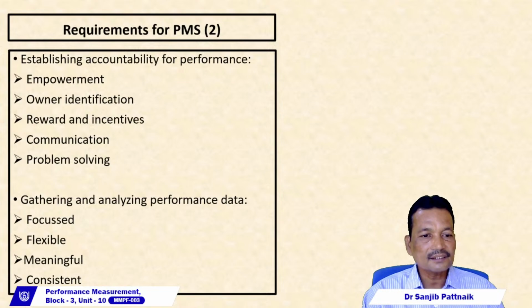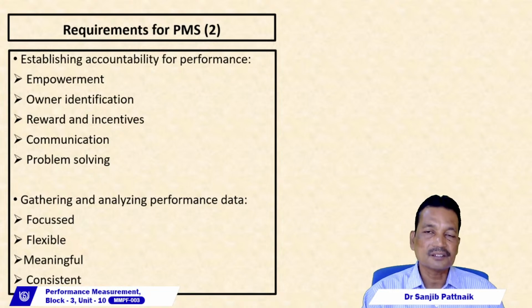And the results that are coming out should be meaningful. That means the purpose for which the performance management system has been developed should be achieved. The result should give out the proper conclusion to the users.